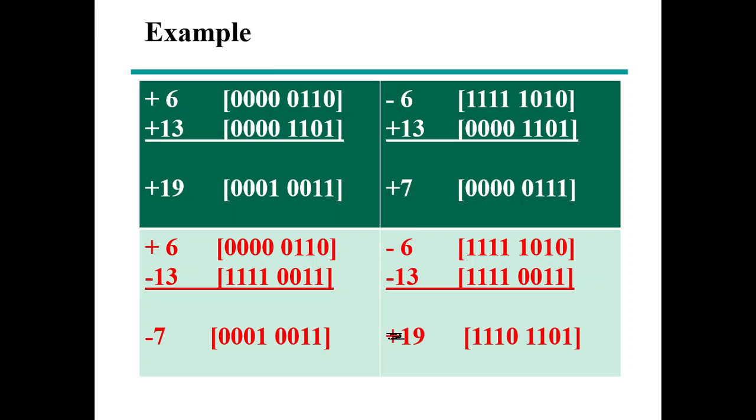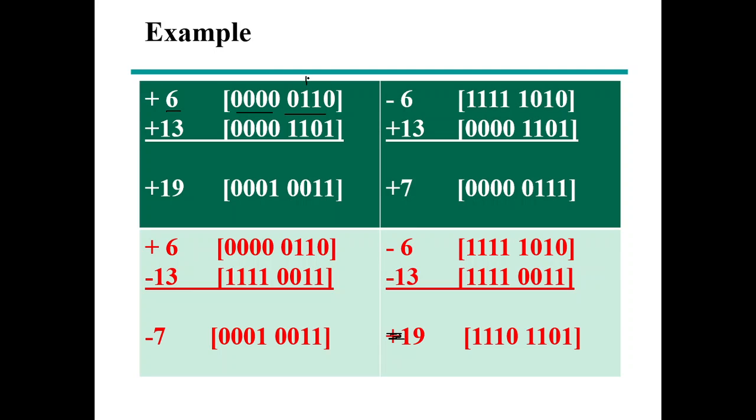So the first combination we want to look at is plus 6 plus 13. We want to add these two numbers. Plus 6 is a positive number. This is the 8-bit binary representation of 6. If we want to save 6 in a single byte, this is how those 8 bits are going to look. 6 is basically 4 plus 2.